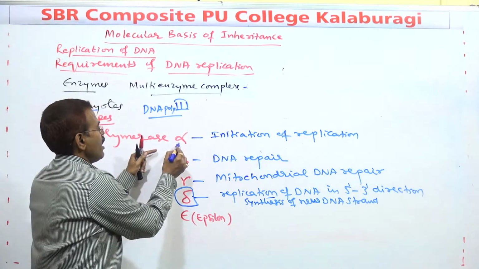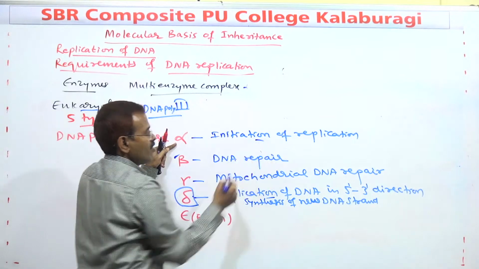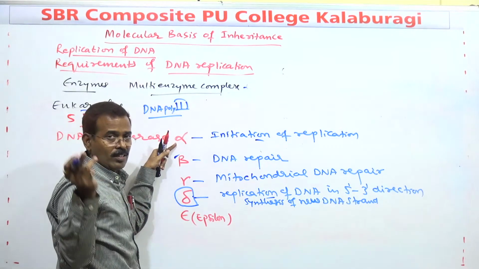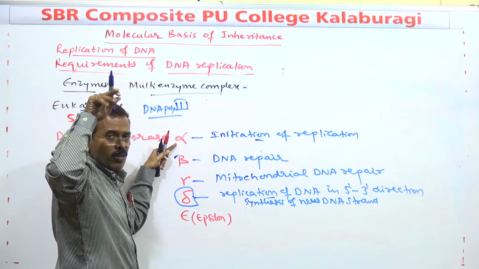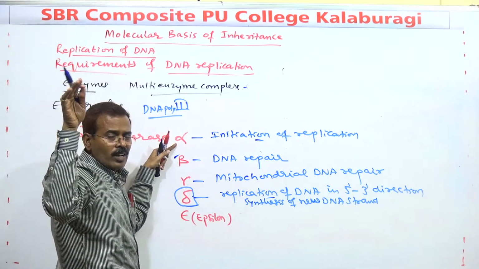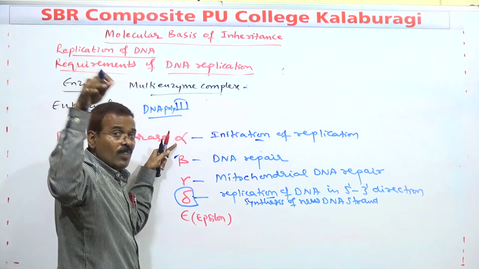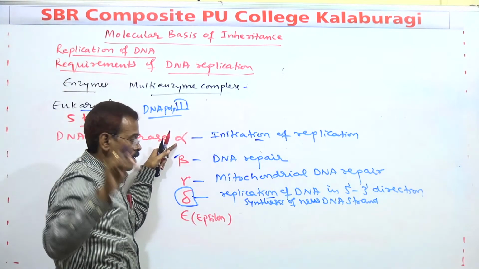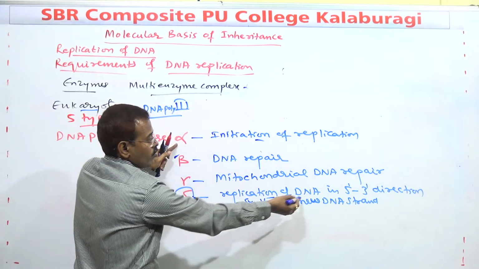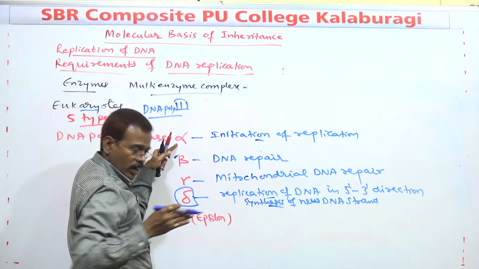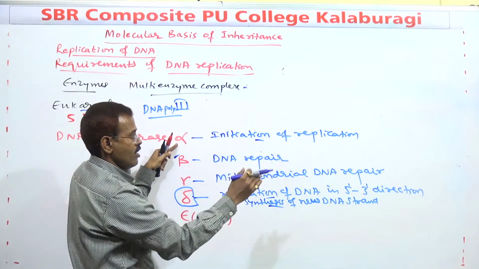Remember, DNA polymerase alpha is involved in initiation, the starting of replication. In prokaryotes, DNA polymerase 3 is itself involved in initiation, and in synthesis of the new DNA strand, or elongation.